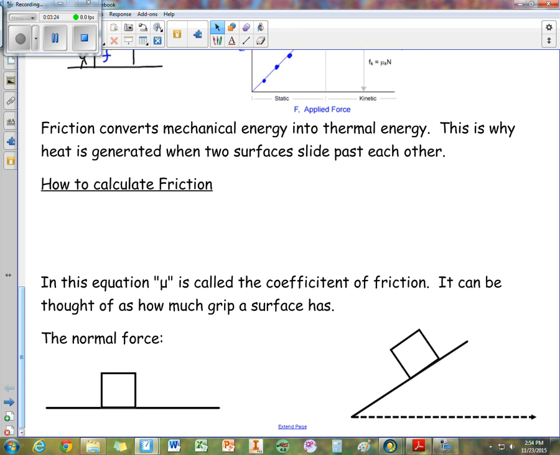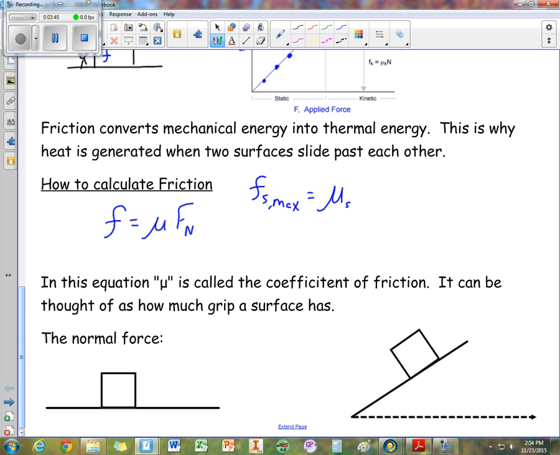The way we calculate friction is we take something called the coefficient and we multiply it by the normal force. And what's kind of neat is that this formula works for both static and kinetic. So for the maximum static friction, we get this coefficient of static friction times the normal force.